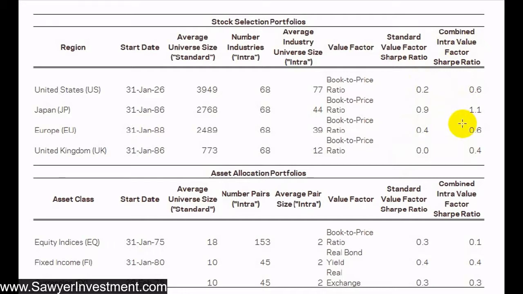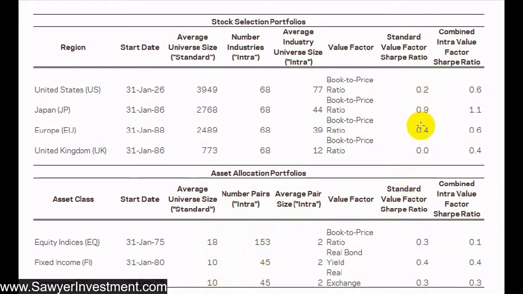And then moving to the final column, we have the intra value factor, and this is the result of going long the top third of the securities in each of these intra categories. So within each industry, going long the top third and going short the bottom third based on this ranking. And the same situation for the other asset classes as well, only this intra value factor is the average of all of these pairs, so all possible combinations of each of these here.